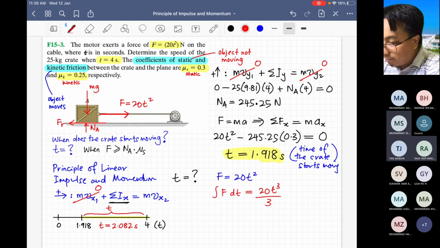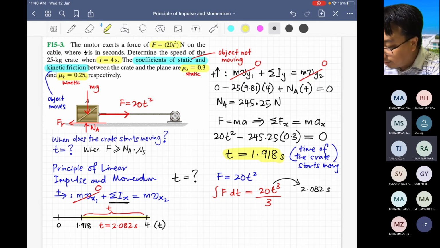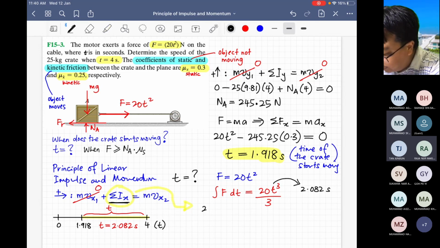Now this T is the T that we have calculated, 2.082 seconds. When we want to calculate this impulse, how do I do this? Let me write the sum of Ix.